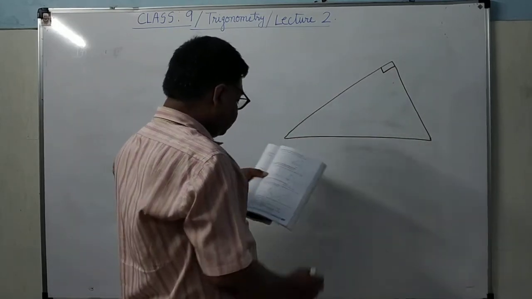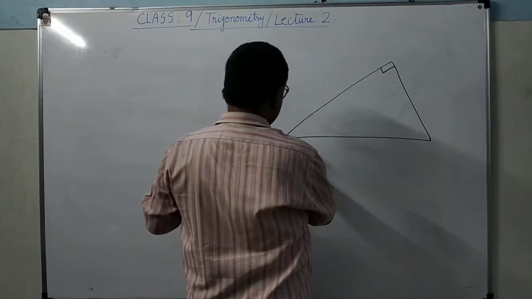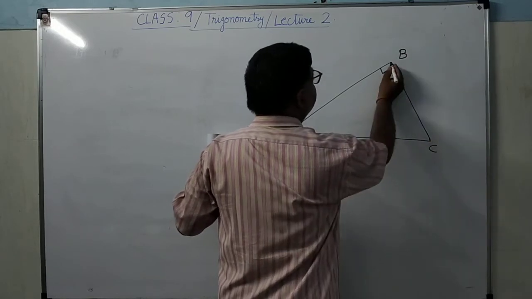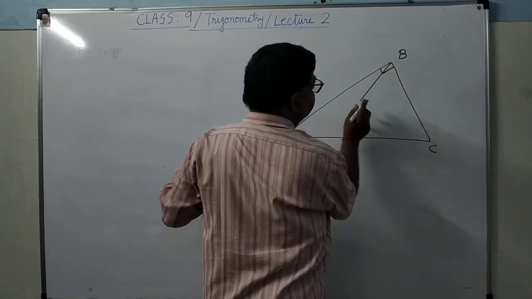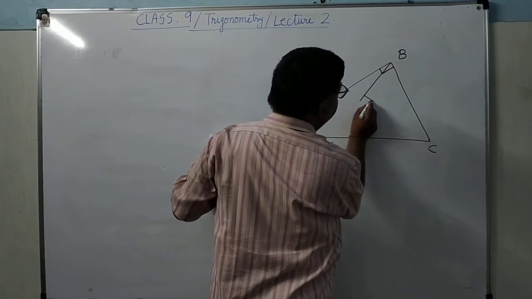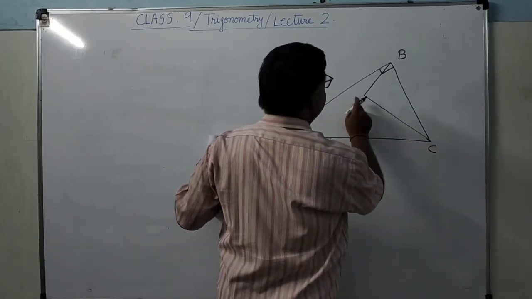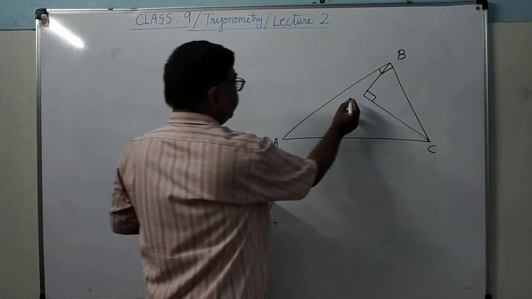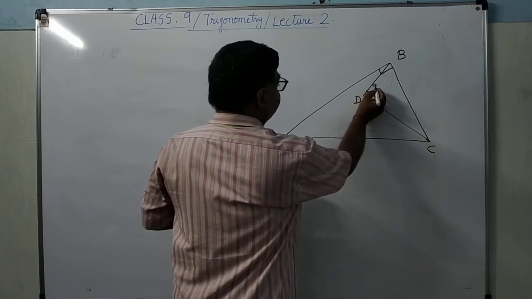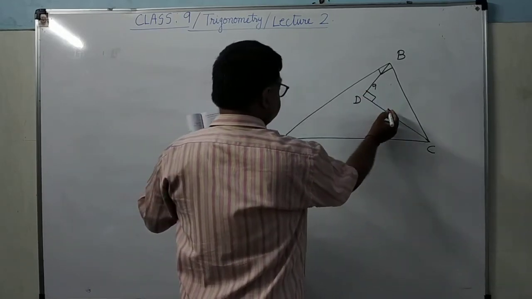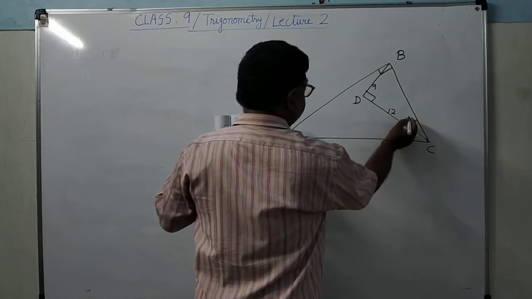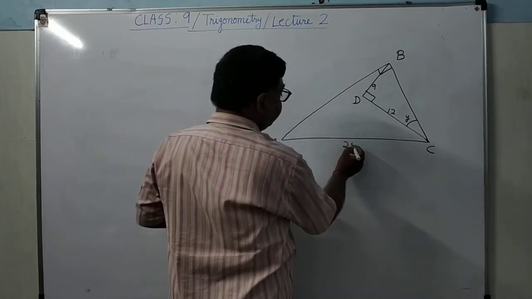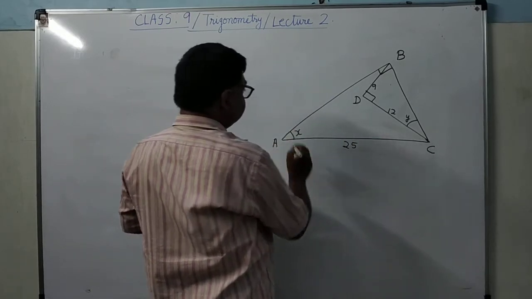It is clear. This is A, B and C. And there is another right angle triangle, this one. This point has been named D. This side is given 9. Here it is given 12. This is Y. And here this side is given 25 and this is X.